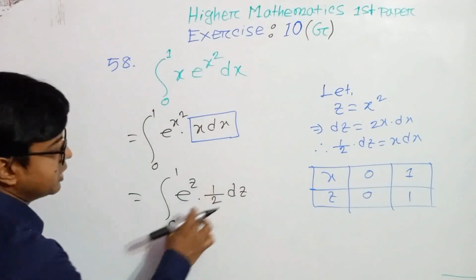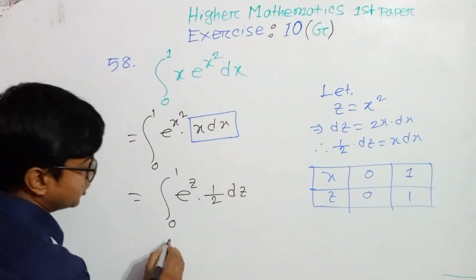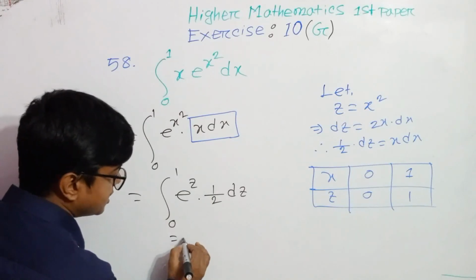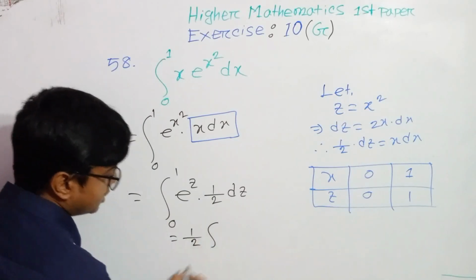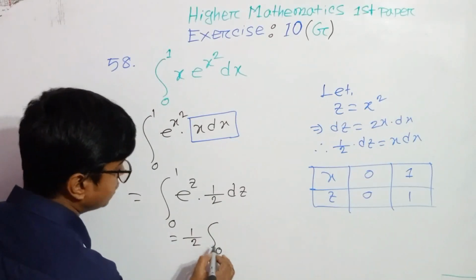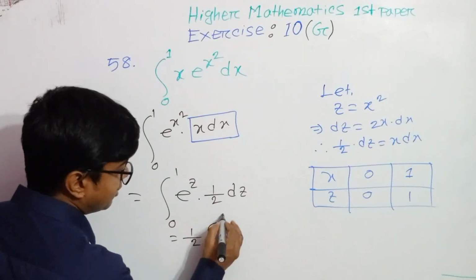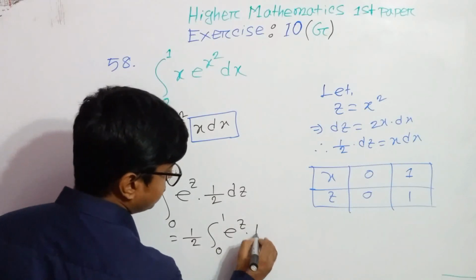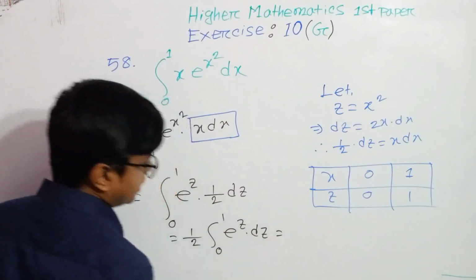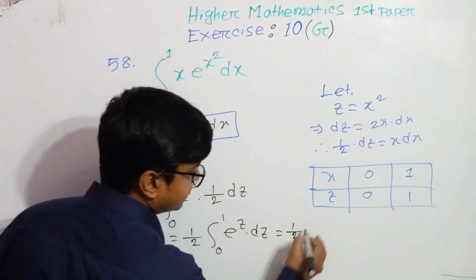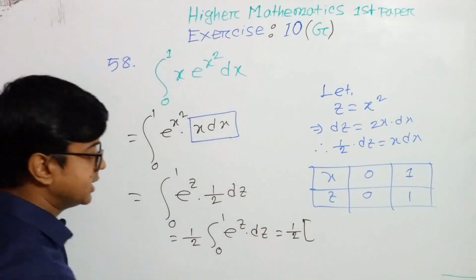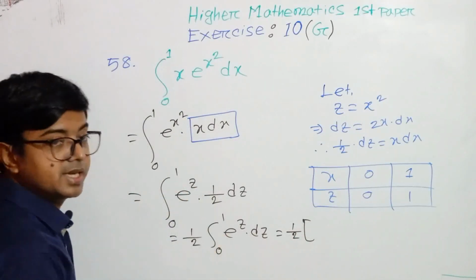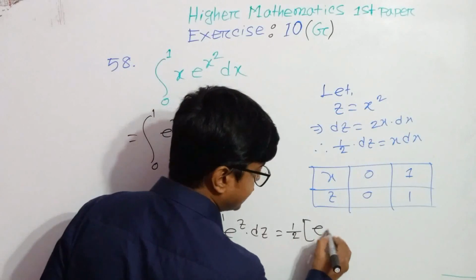Now here 1 by 2 is a constant term, so it comes first. 1 by 2 integration, lower limit 0 and upper limit 1, of e to the power z into dz. We all know that the integration of e to the power z is e to the power z.